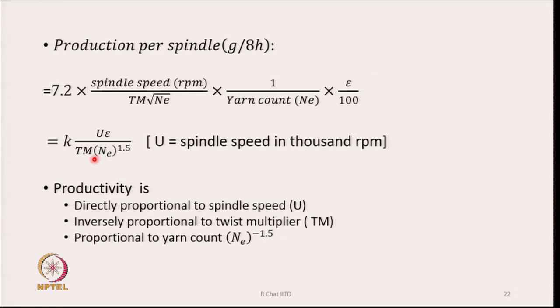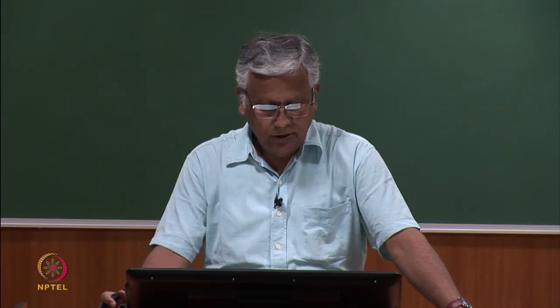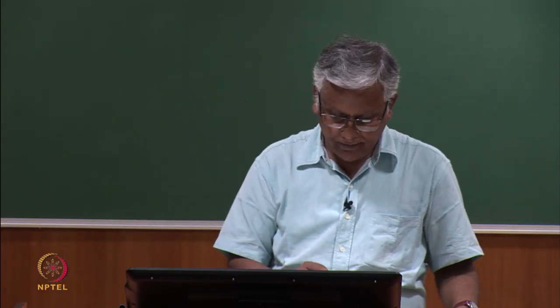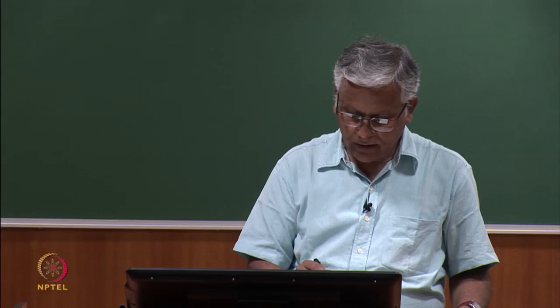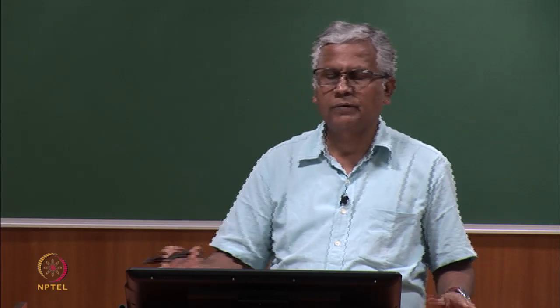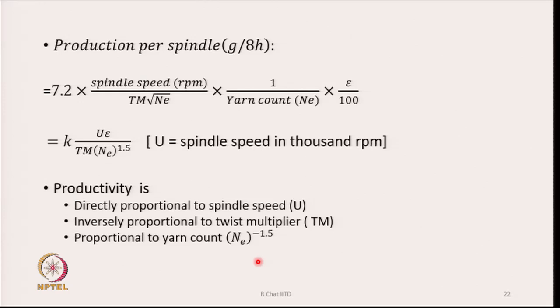That means if we change the yarn count, if I make it finer or coarser, there will be a tremendous influence on the productivity of the machine. So, this gives us an idea of how the productivity is going to be affected by three important parameters: speed of the machine, the twist multiplier, and the count of the yarn.